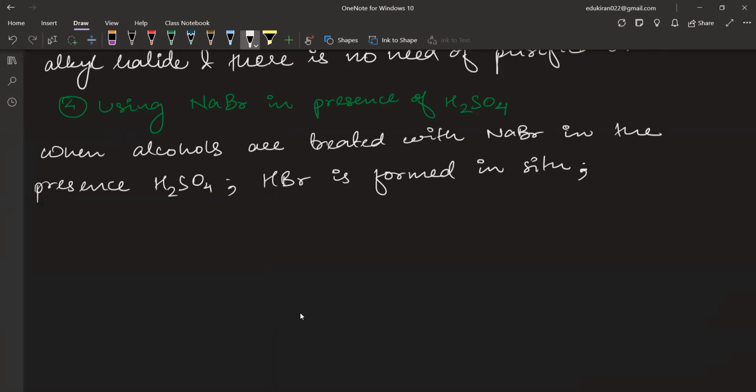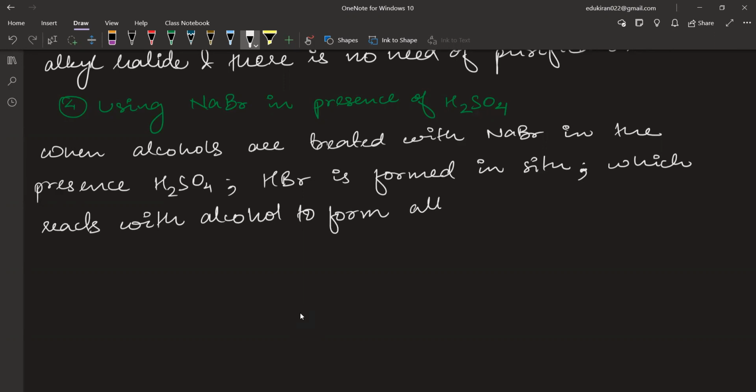Okay, I will show how the HBr is formed in situ, which reacts with alcohol to form alkyl halide. So what are the substrates? ROH is the substrate here.